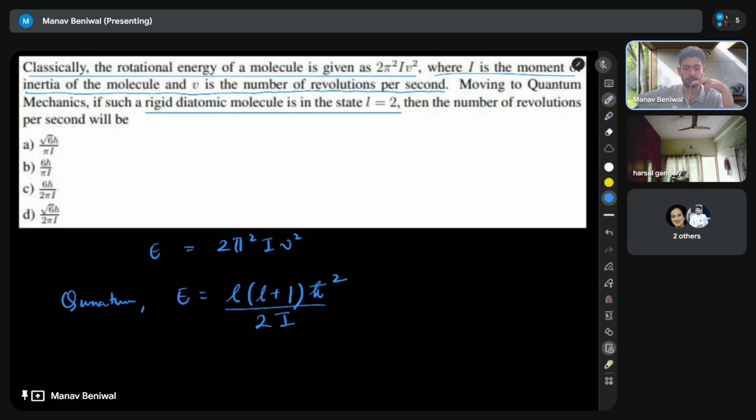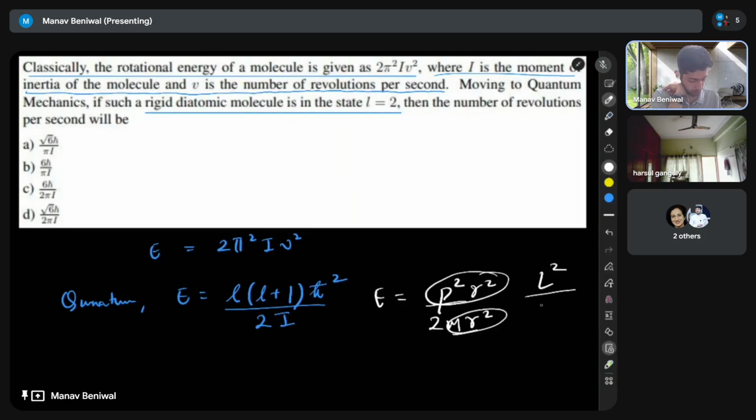We know that E is p squared by 2m. If we multiply by r squared in the numerator and denominator, the numerator becomes angular momentum squared, L squared, and the denominator becomes the moment of inertia, 2I.